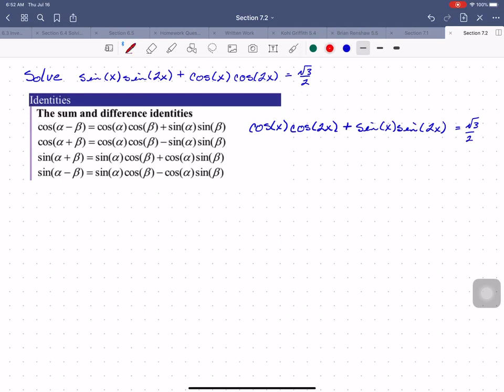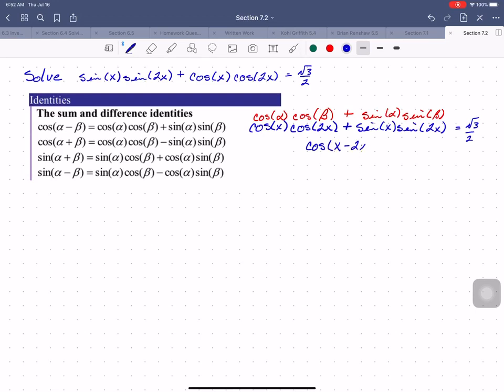And if I compare this to my pattern, I can see that x is in the alpha spot, because this is cosine alpha times cosine beta plus sine alpha times sine beta. And my angle sum identity tells me that this left-hand side simplifies to the cosine of alpha minus beta.